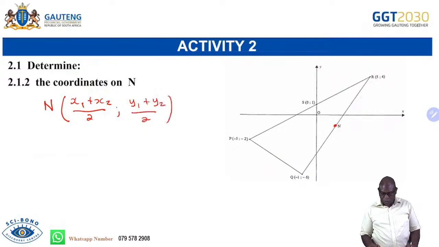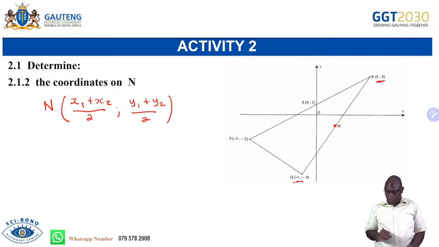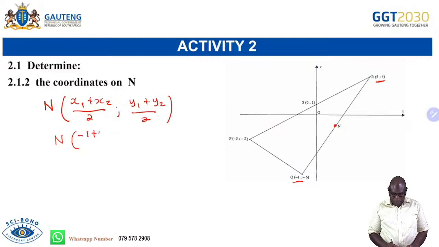In this case, we're talking R and Q because N is the midpoint of that line. So which means that we're going to have minus 1 plus 5 over 2. Then we're going to have negative 6 plus 4 all over 2.